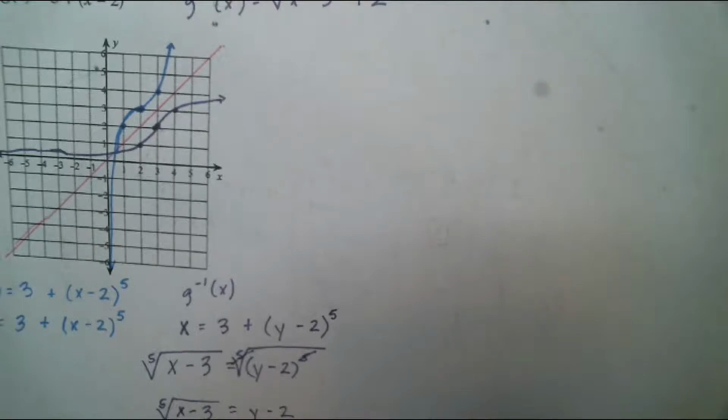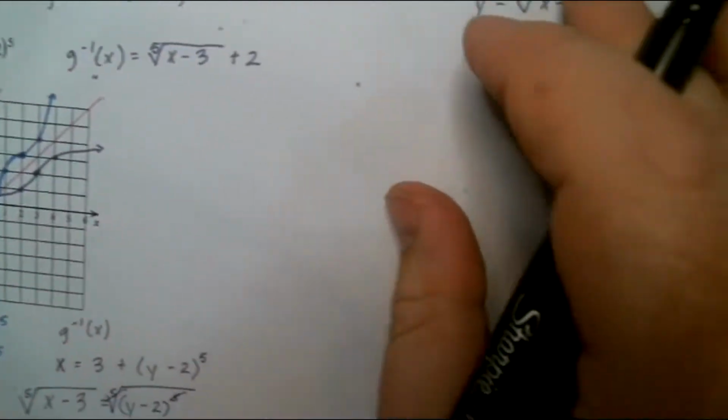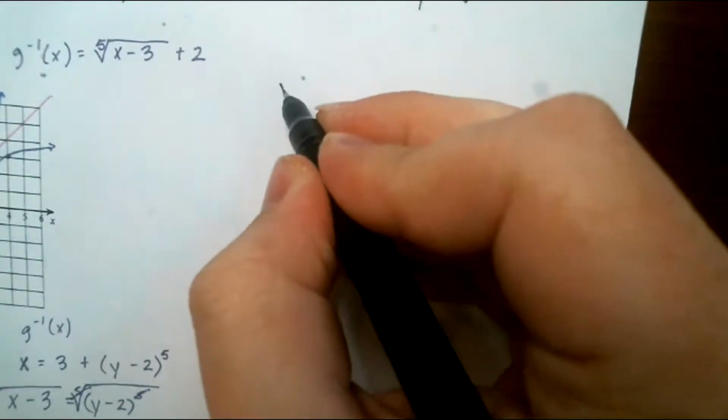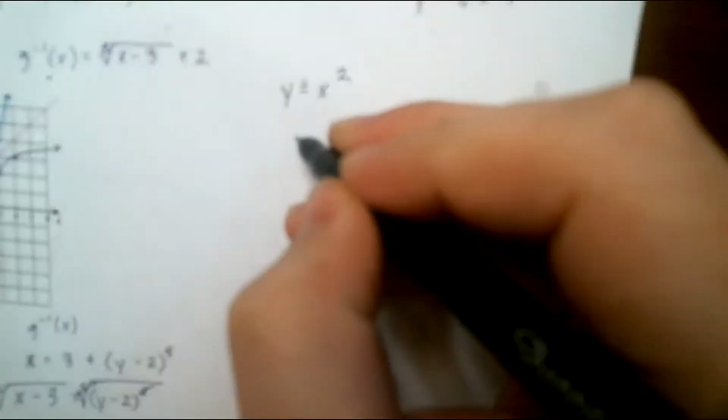Now we're kind of done with that, but let's talk about something else that sometimes you can see within this. What if we had y equals x squared? Now we all know that y equals x squared looks like this.